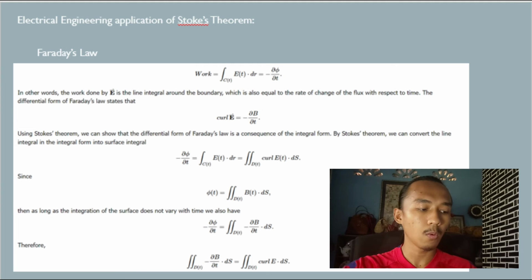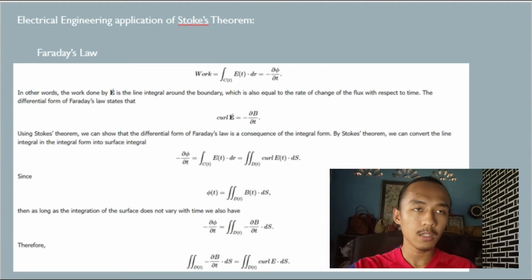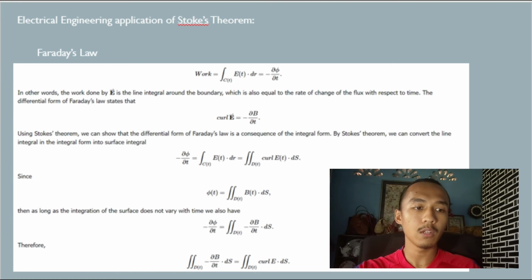Okay, so now we move to the application of Stokes theorem in the electrical engineering field. The first one is the derivation of Faraday's law. Faraday's law relates the curl of the electric field to the rate of change of the corresponding magnetic field.